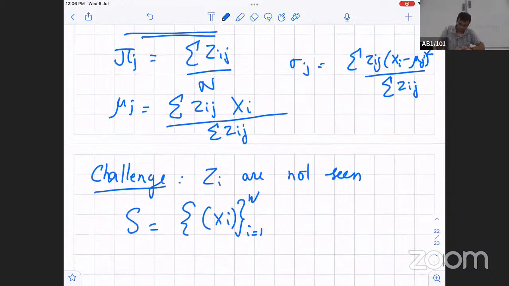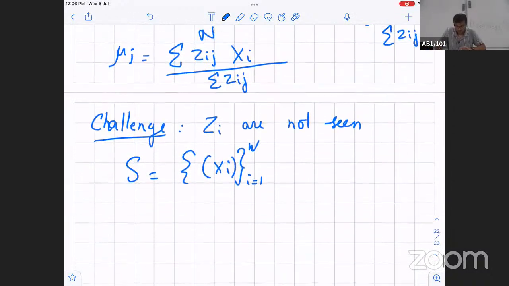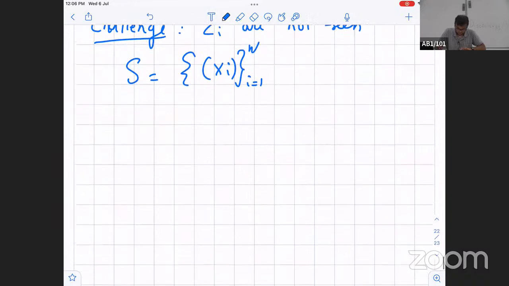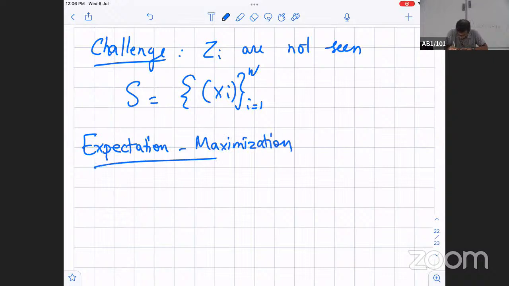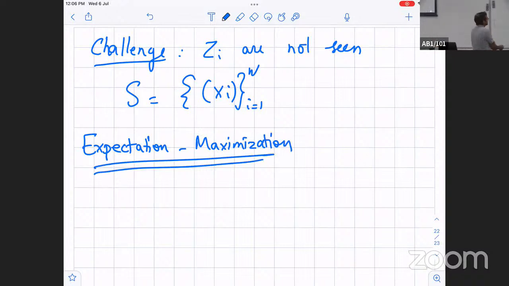This is where we will use what is called EM, which is expectation maximization. We will take it slowly and try to convince you how to do this.